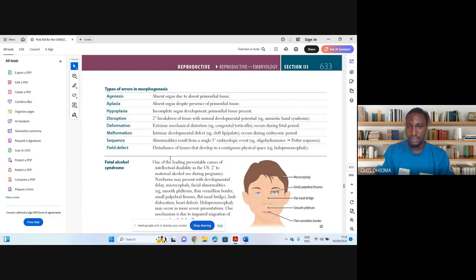Field defects are more like malformations. A field defect and a malformation are similar in a way, but the only problem is that there are no intrinsic defects.